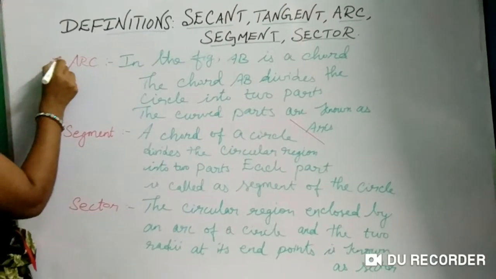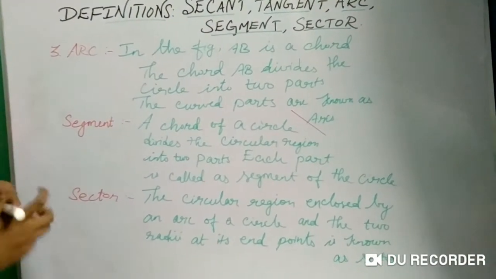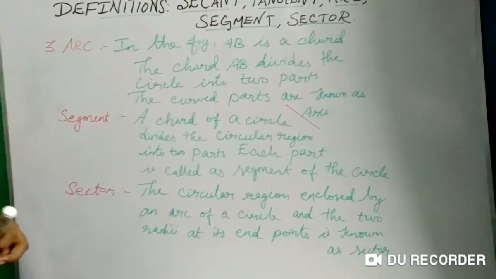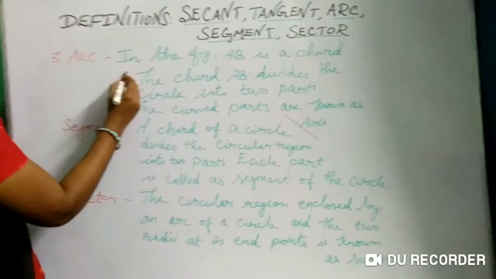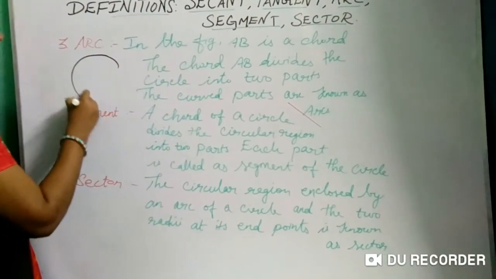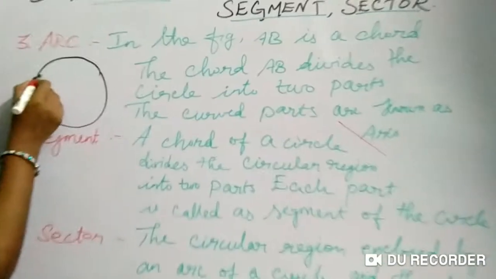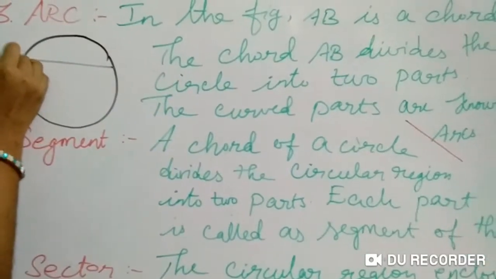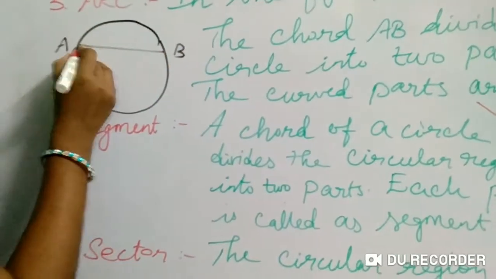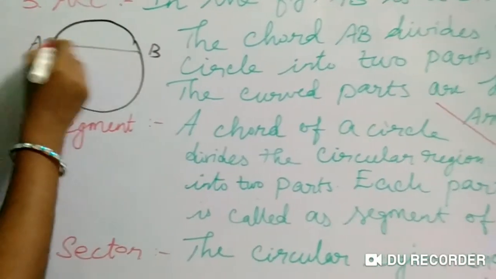And the next one is arc. For this, consider a circle. Draw a chord AB, that is, the line whose endpoints lie on the circumference of the circle.